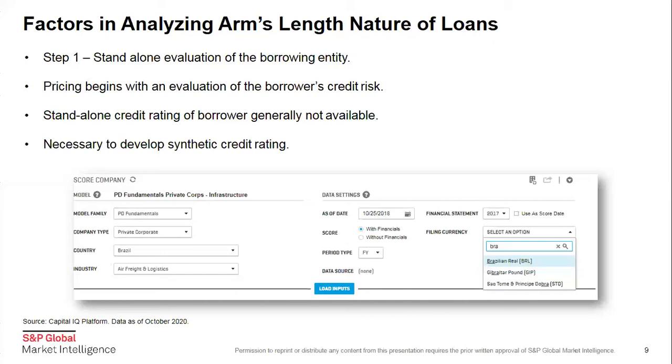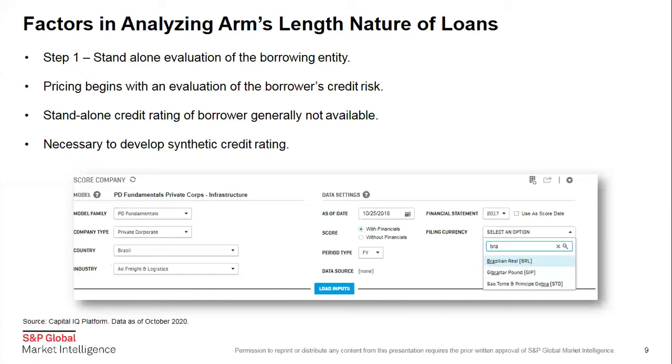Now, the model allows you to go within any country, and we do take a look at individual country risk analysis into any industry based upon the Global Industry Classification Standard, or GICS, which Standard & Poor's promotes as a unified global industry classification system.